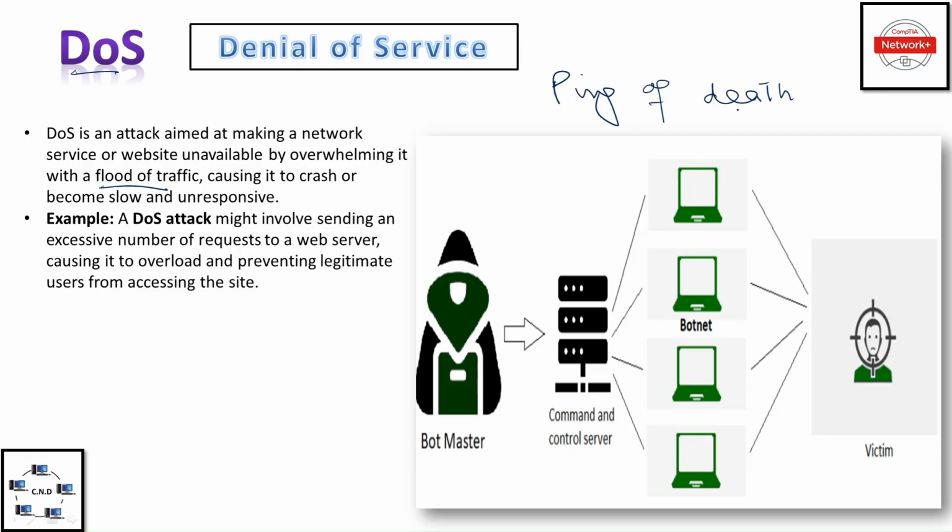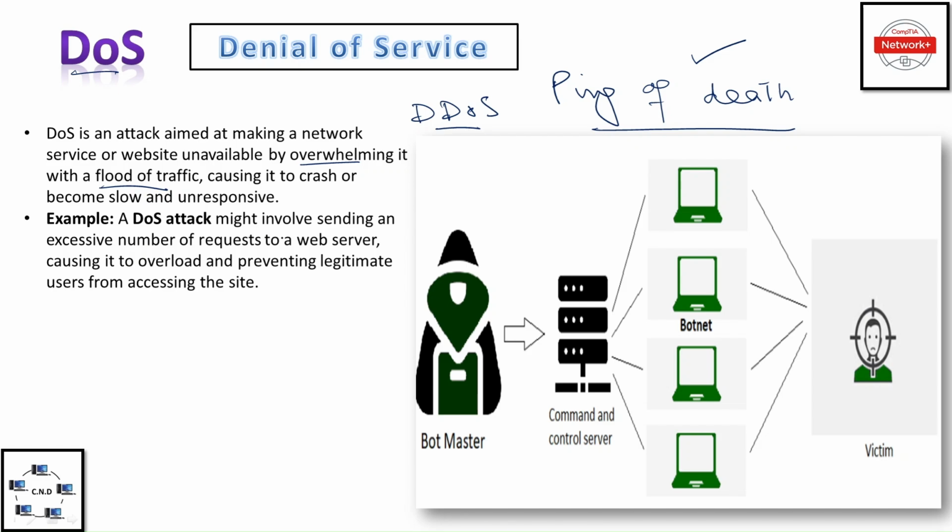You can simply craft a single packet, a single ping, and crash the server or the application. When we talk about a flood of traffic overwhelming it, then we are actually talking about the DDoS, which we just talked about a while ago.